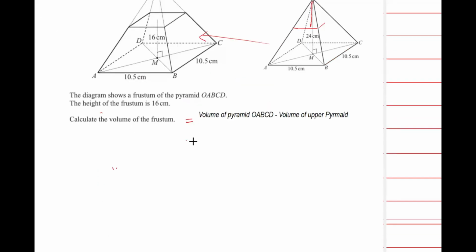Firstly, we will calculate the volume of pyramid OABCD, and this formula is 1 over 3 into base area into height, minus volume of upper pyramid.